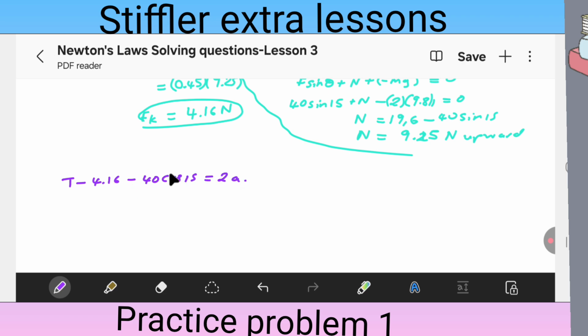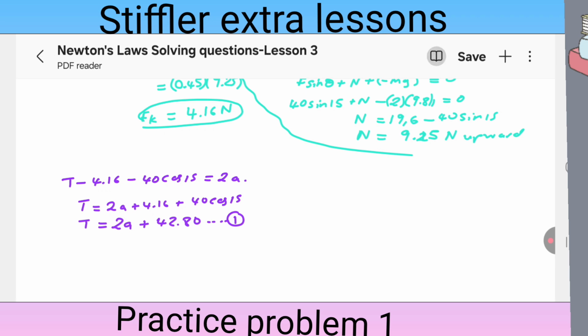So we can take everything to the other side, which makes our tension equivalent to 2A plus 4.16 plus 40 cos of 15. So after adding this together, we can see that this is 2A plus 42.80. So this is our equation 1.